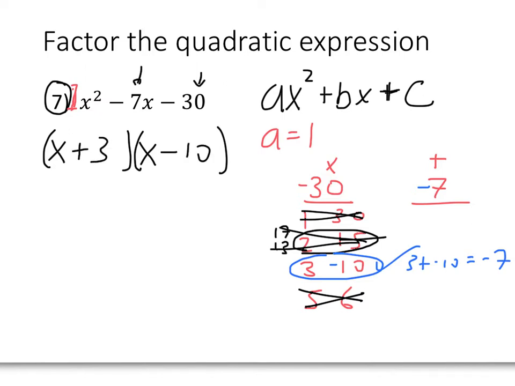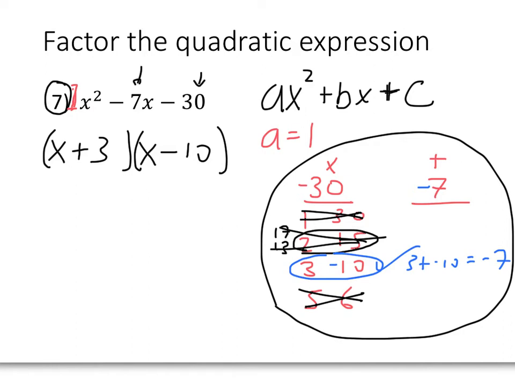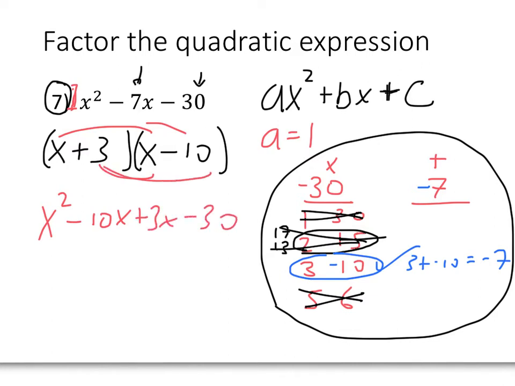Now let's multiply this back out, and it'll expose this whole thinking over here, why we went through this process, why it works. What multiplies to give me negative 30 and adds to give me negative 7? So we'll go through this like we did before. So that's x squared minus 10x plus 3x minus 30. And what you can tell is that indeed this negative 30 comes from a product, 3 and 10.